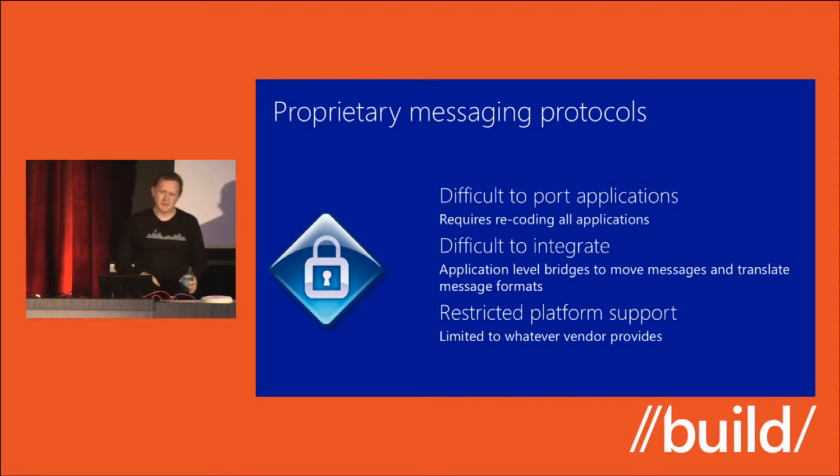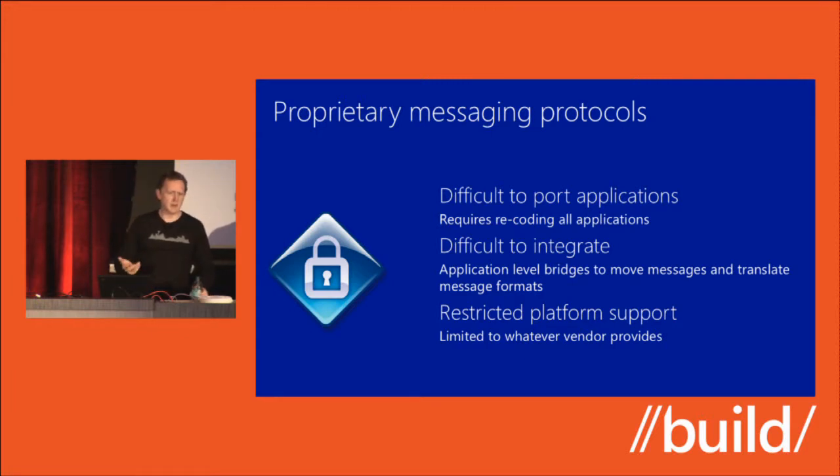So the alternative to this approach is to actually standardize on that wire-level protocol. So if you make that wire-level protocol a recognized standard and you document that protocol, then it means that anyone is free to go and write a client library for that platform. It means it's possible to go and integrate components from different vendors and have them work together without requiring any of these application-level bridges.